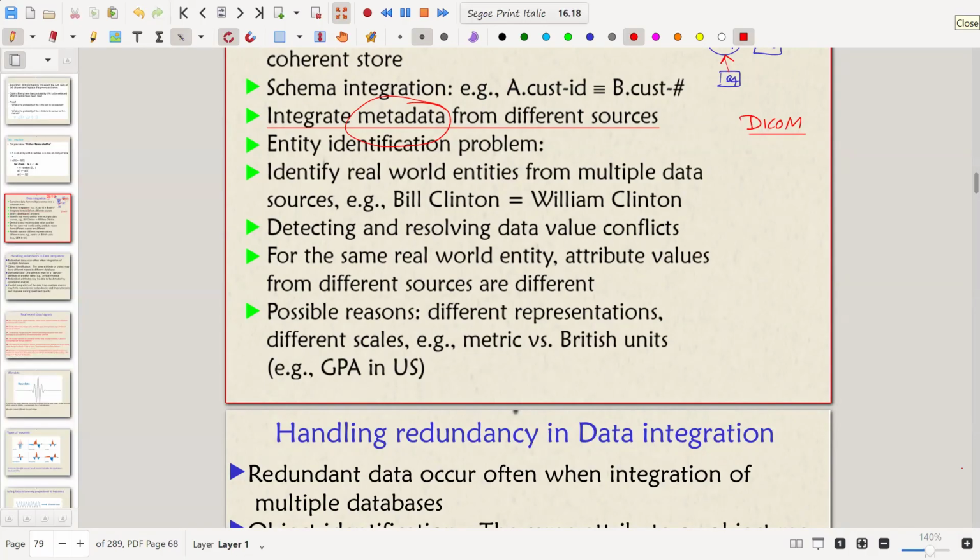The DICOM is not just a JPG file; it is a JPG file plus metadata. What is the metadata? The information of the person, all the details. If you have the DICOM image, you can get all details about that patient.